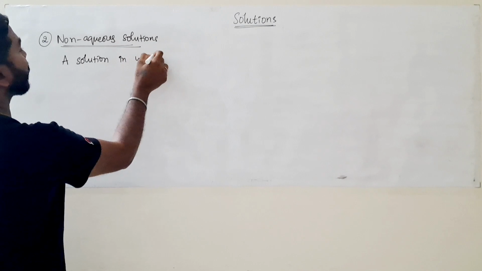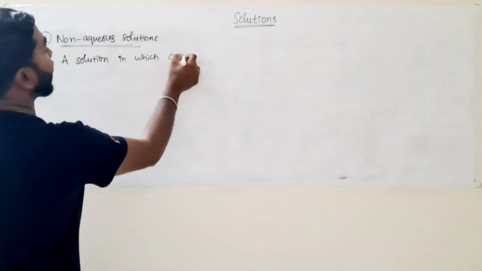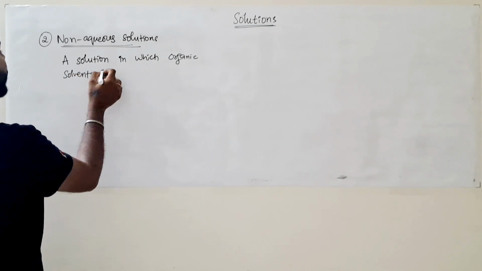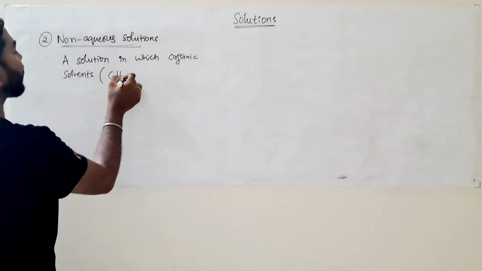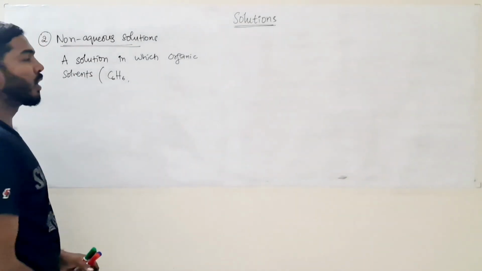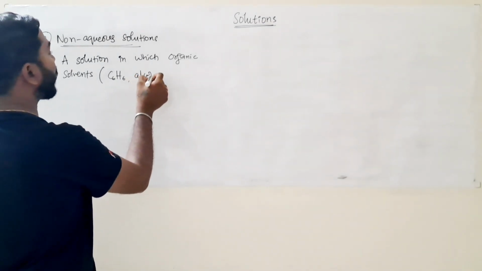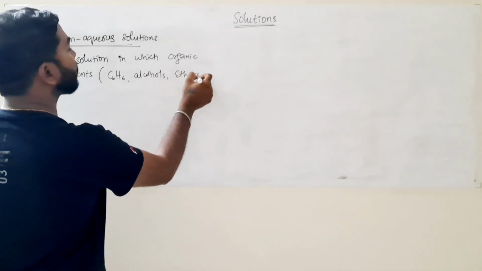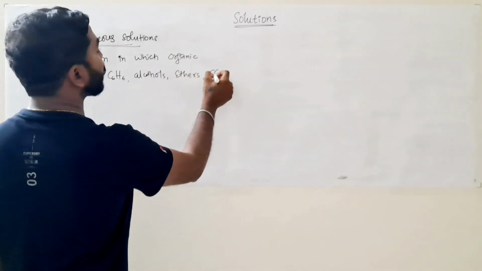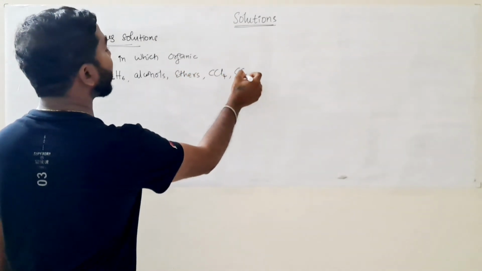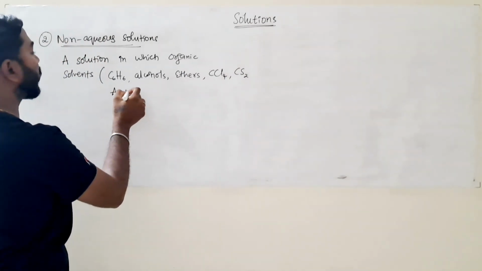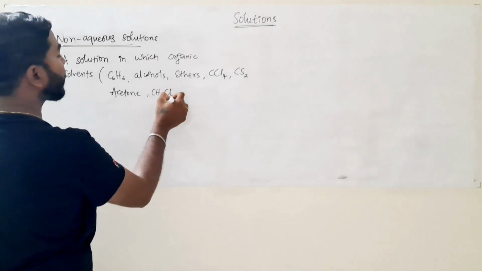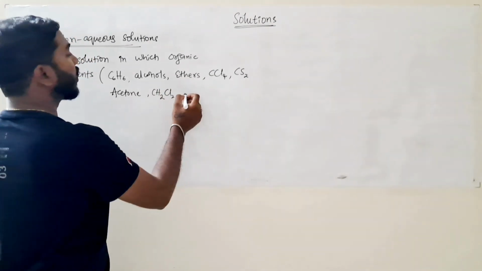So the definition: a solution in which organic solvents, like benzene, C6H6, or alcohols, or ethers, or carbon tetrachloride, carbon disulfide, acetone, or dichloromethane, CH2Cl2, and so on, are used as the solvent.